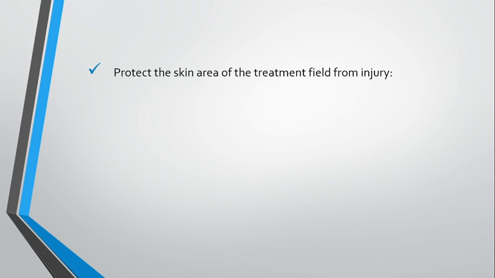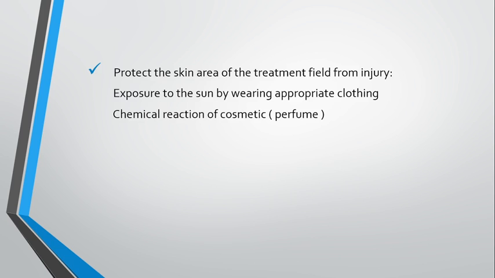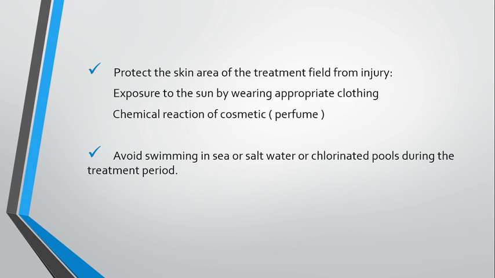You should also advise the patients on how to prevent injuries to the radiation areas. This can be done by preventing sunburns by wearing appropriate clothing, and you should also advise the patients to be alert to reactions to chemicals such as perfume if it's applied to these radiation areas.